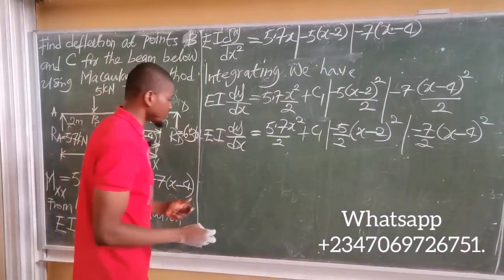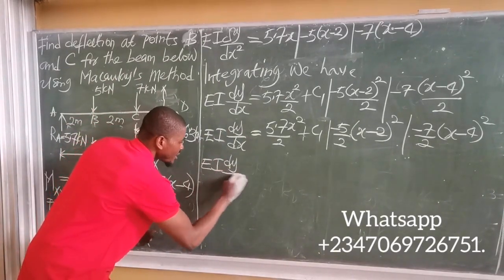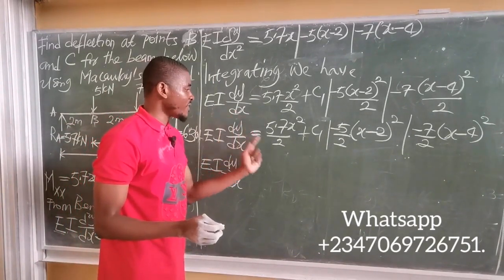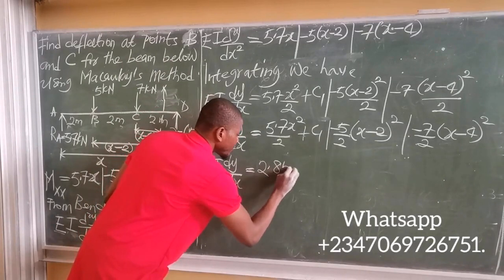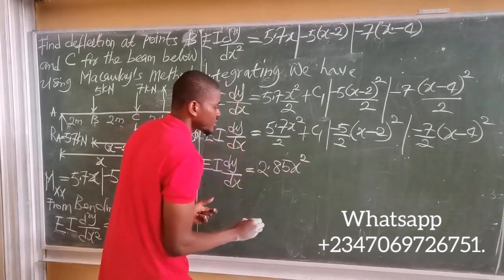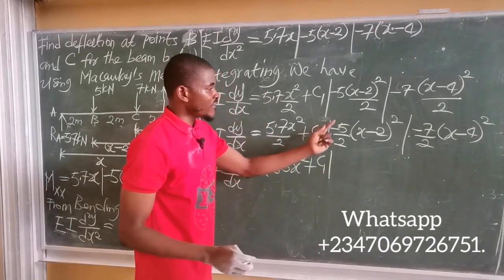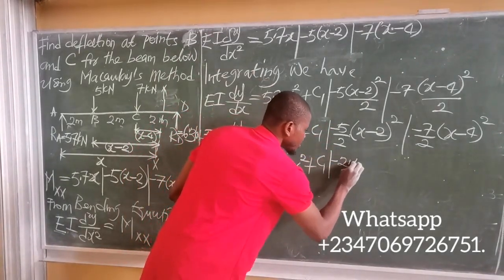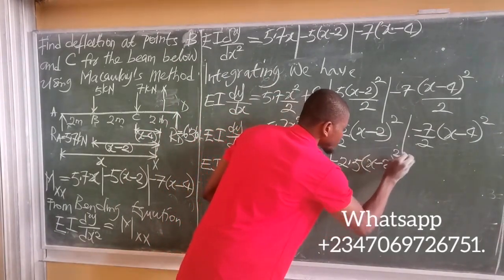So let's break these values down now. I have EI dy/dx to be equal to simply 5.7 divided by 2, 2.85x squared plus C1 into, of course, 5 divided by 2 simply gives me minus 2.5 into x minus 2 to the power of 2.